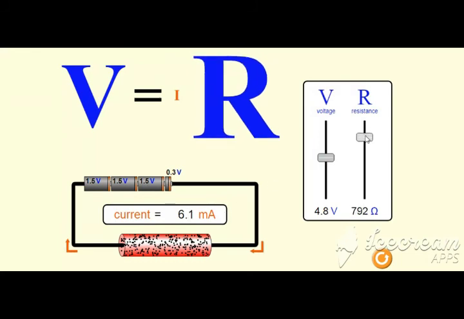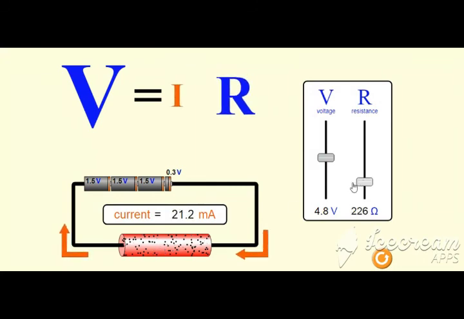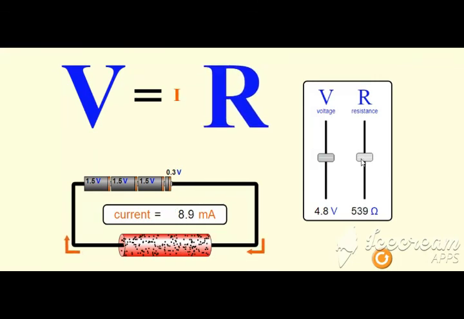If we reduce the value of resistance, the current increases, meaning less opposition. So by this simulation you can definitely understand what exactly Ohm's law is.